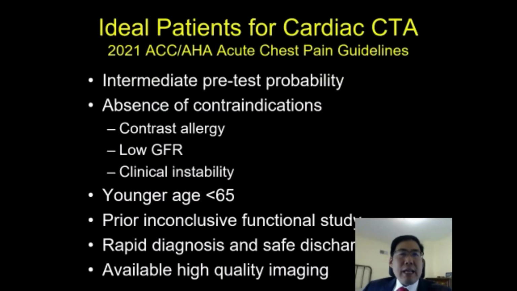So getting back to the guidelines, the ideal patient to image with cardiac CT is if they have an intermediate pretest probability, if they don't have any contraindications, such as contrast allergy or clinical instability or impaired renal function, if they're less than 65 years old, if they've had a prior inconclusive functional test, and if you have available high quality imaging.